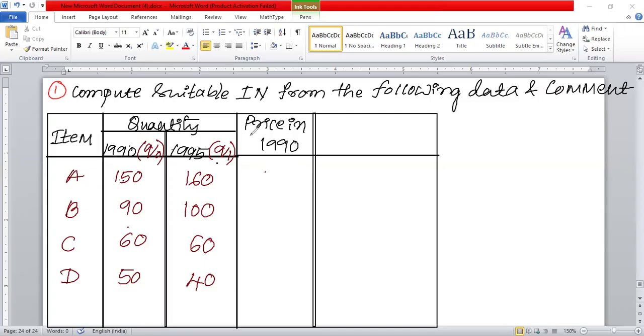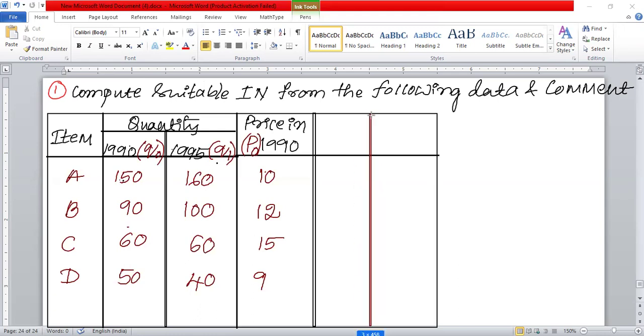Their price in 1990 is P naught: 10, 12, 15, 9.